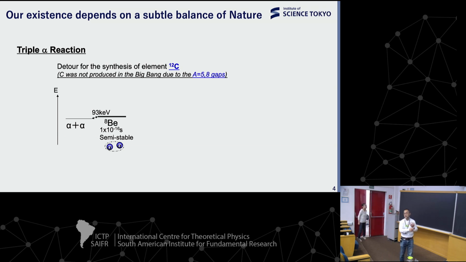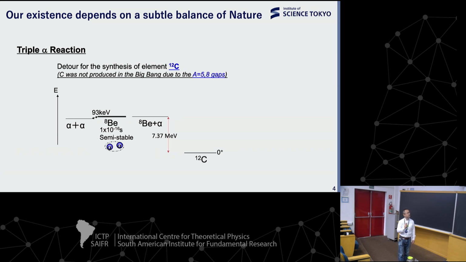And the lifetime is only 10 to the minus 16 seconds, which is very short, of course, but long enough to sometimes meet with another alpha particle to produce carbon-12.